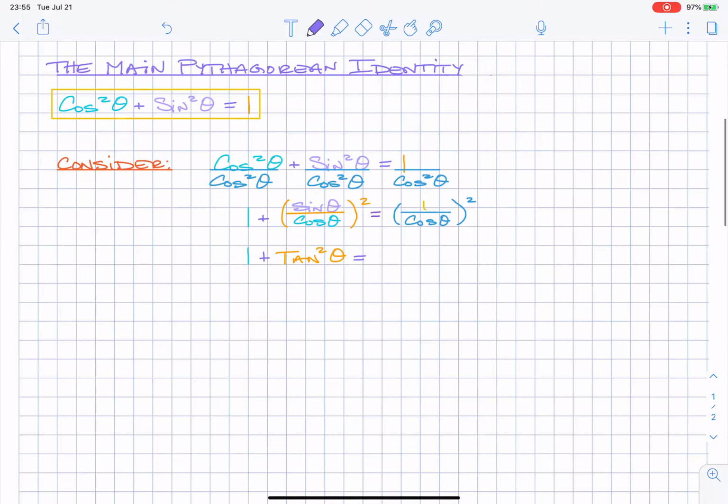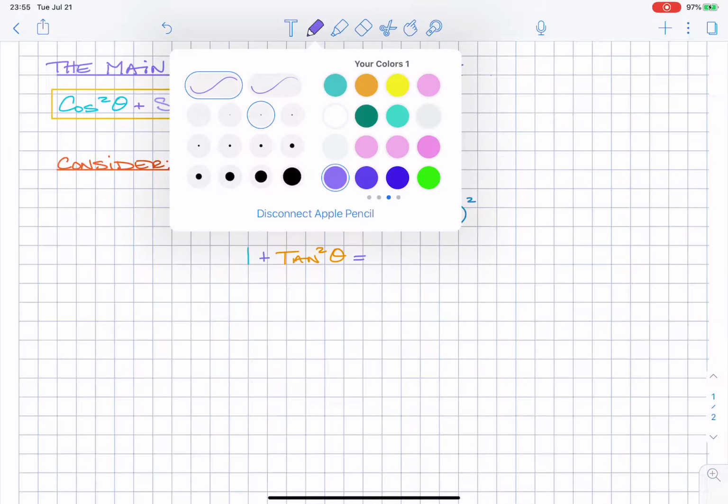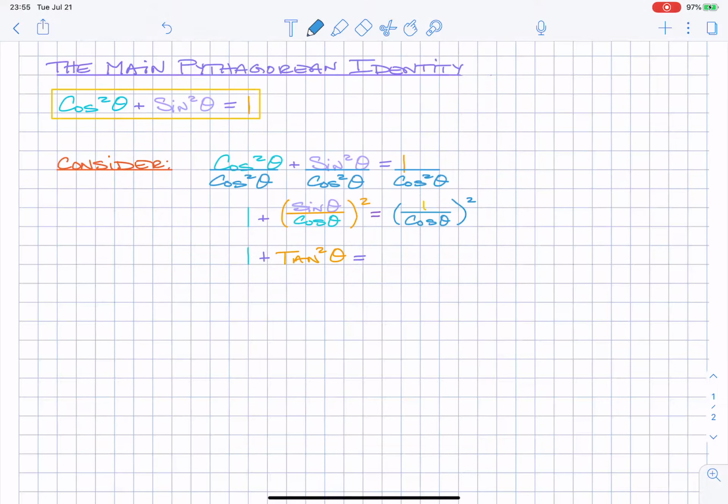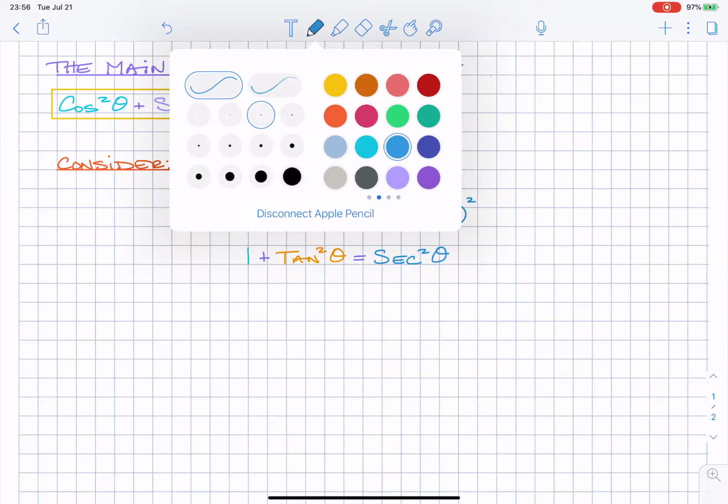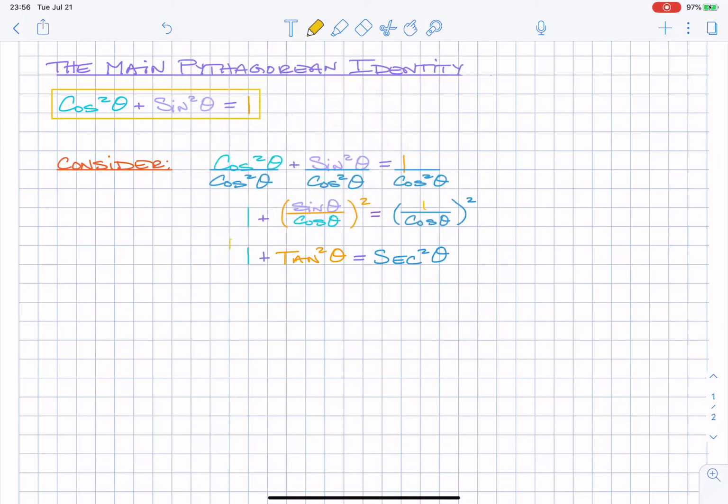So when I flip cosine upside down, I know that s's and c's go together. So whatever its reciprocal is begins with an s, so that must be secant. And since it's squared, it's secant squared of theta. So this is actually another Pythagorean identity, but we'll get to that in a moment. So actually, for the time being, let's go ahead and put a box around this.